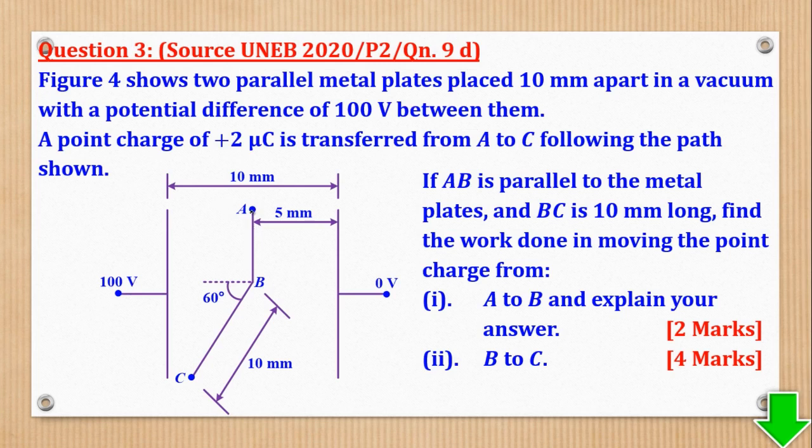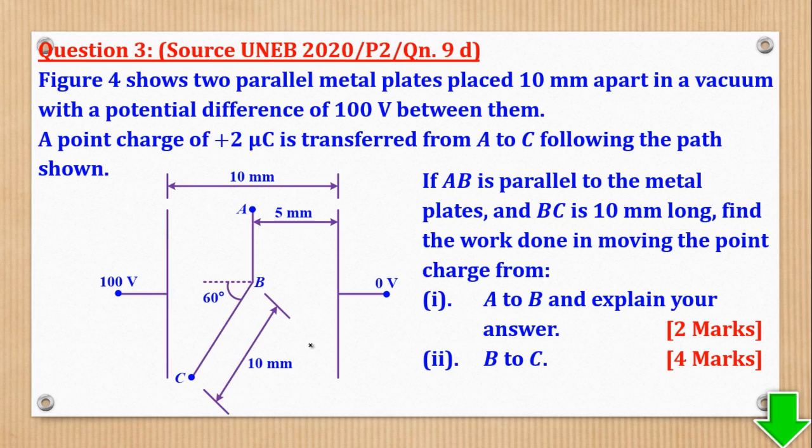So this is the path they mean, from A to B and from B to C. So the question is, if AB is parallel to the metal plate, and BC is 10 meters long, which is here, find the work done in moving the point charge, Roman 1, from A to B and explain your answer, and Roman 2, from B to C.